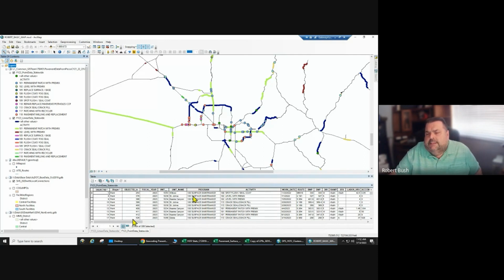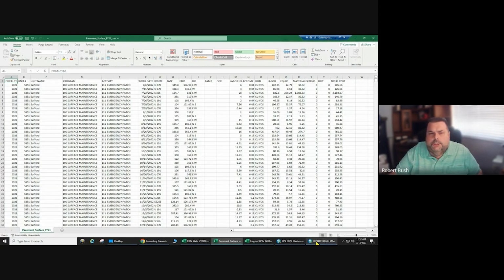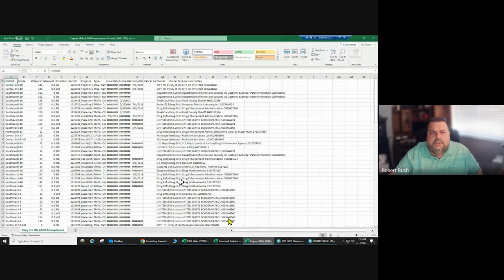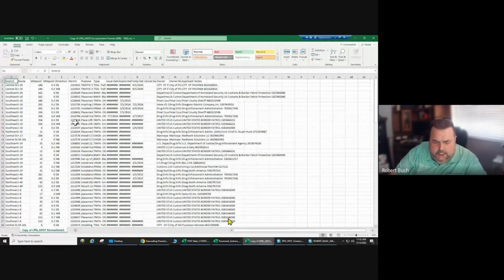The next demonstration that I want to show you is going to be an actual live demonstration. We're going to use, this is a copy of data that I got from Richard LaPierre. He is the encroachment permits manager, and a shout out to him for allowing me to use this data because it's just the right size for what I'm looking for.